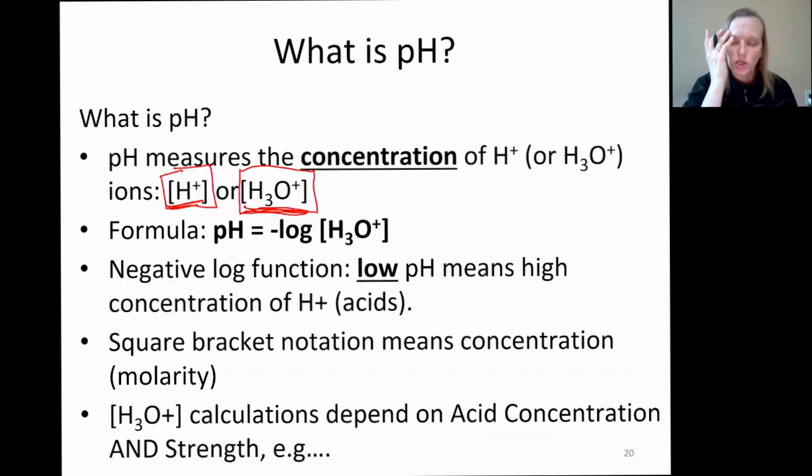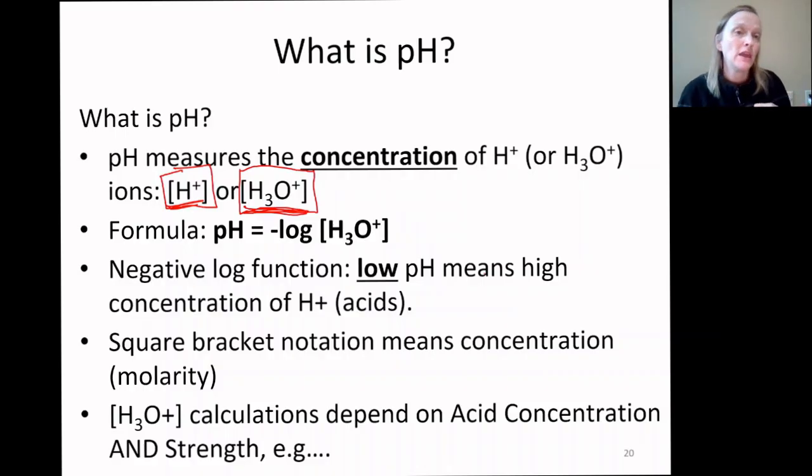So that concentration of hydrogen ions or hydronium ions depends on a few things. First, it depends on the acid concentration. Do you have 1 molar hydrochloric acid, 2 molar hydrochloric acid, 6 molar hydrochloric acid? It depends on the strength of the acid. If you have 1 molar hydrochloric acid, it fully dissociates because it's a strong acid, and so the hydrogen ion concentration is high.